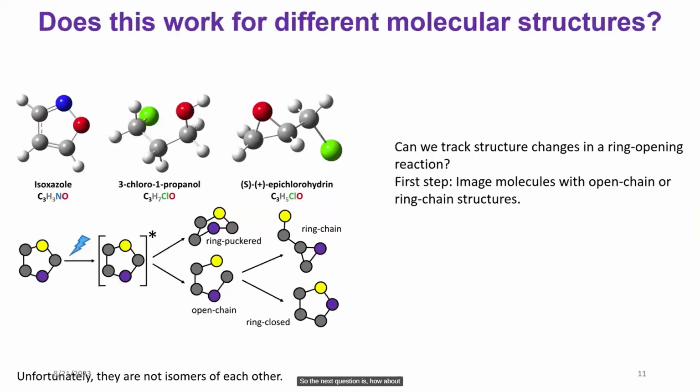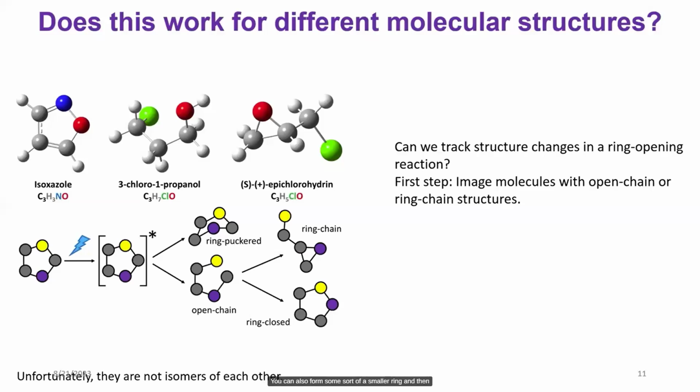Yeah, so the next question is, how about other molecular structures? So we start with the ring molecules. Now if we excite this, what other structure will it form after that? Of course, one structure, you can open the ring and form another open chain structure.